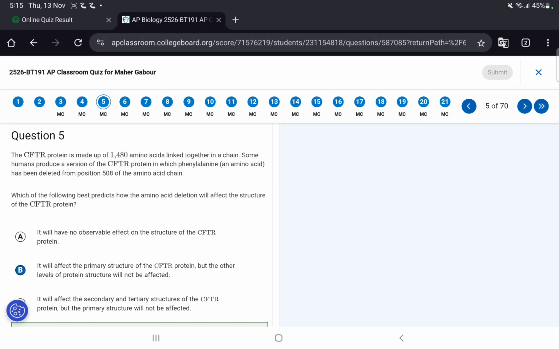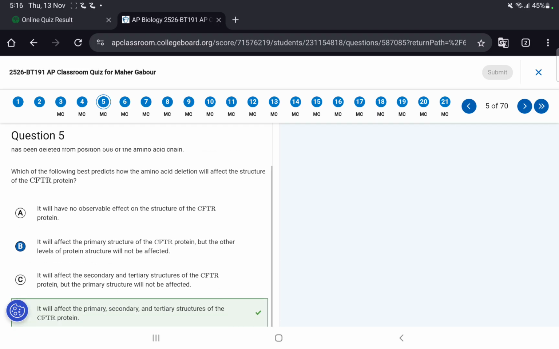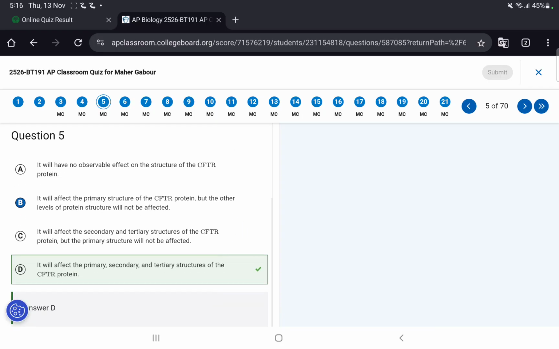Okay, so here we have a CFTR protein. Which of the following best describes how the amino acid deletion will affect the structure of the CFTR protein? So where are we removing the amino acids from? The CFTR protein is made up of 1480 amino acids linked together in a chain. Some humans produce a version of CFTR protein in which an amino acid has been deleted from position 508 of the amino acid chain. So we deleted an amino acid. What do you think is going to happen?